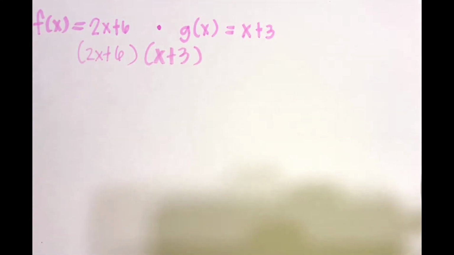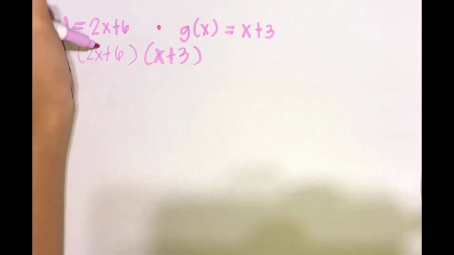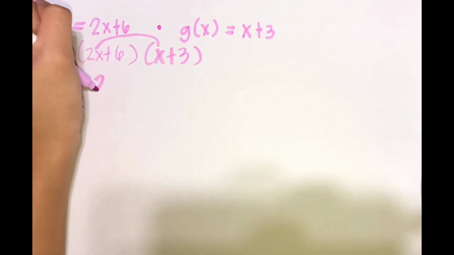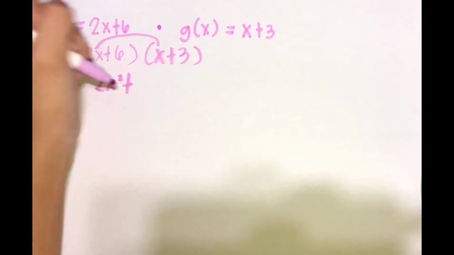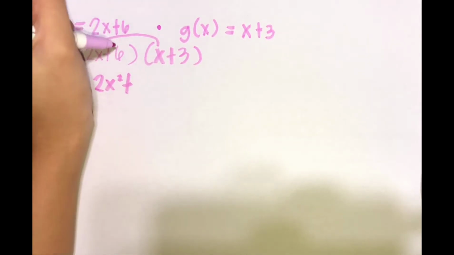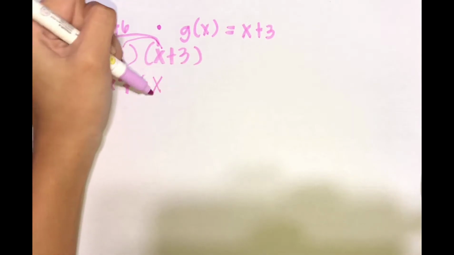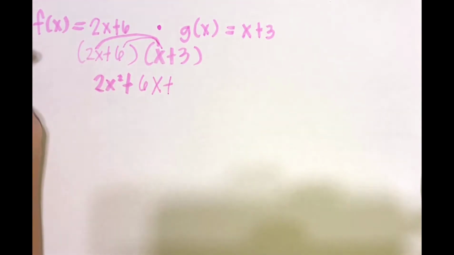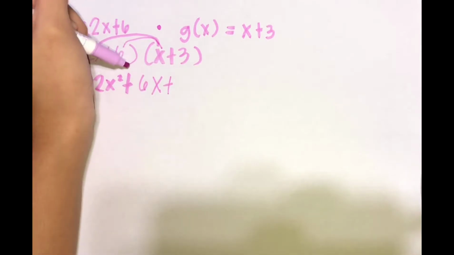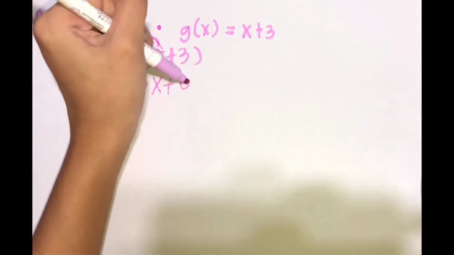Now that we have substituted it, we will now use the FOIL method. First, 2x times x is equals to 2x squared plus outer, 6 times x is equals to 6x, plus inner, 6 times x is equals to 6x.